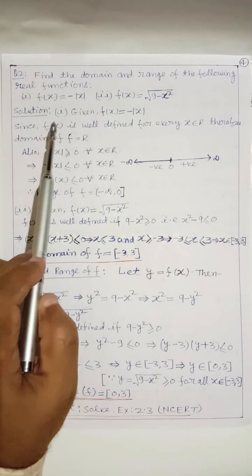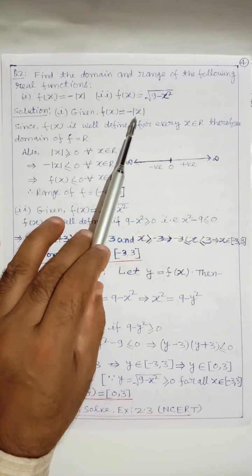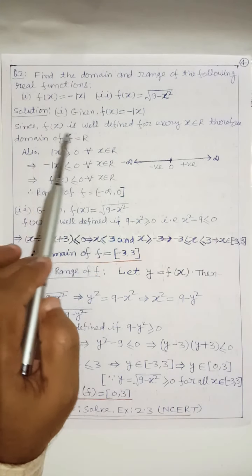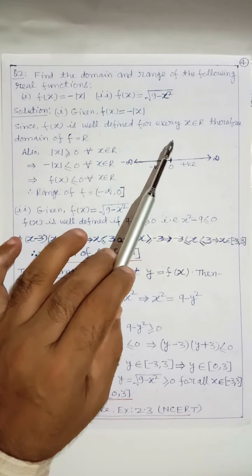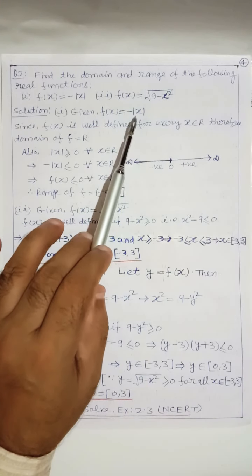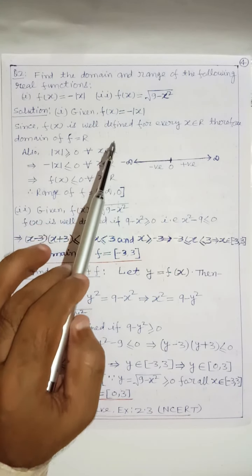To find the solution, first, given f(x) is equal to minus mod of x. Since f(x) is well defined for every x belongs to R, means for every real value of x the function f(x) is defined.